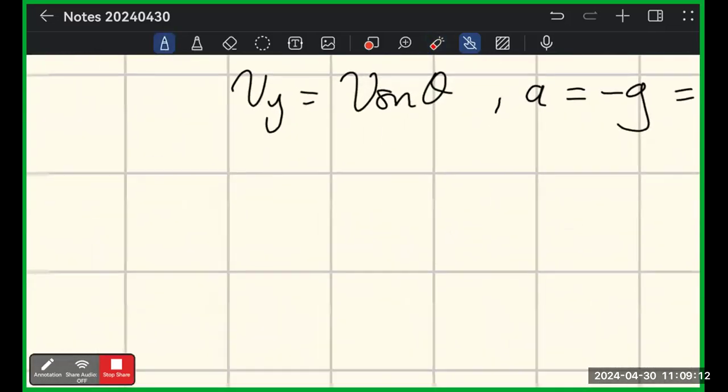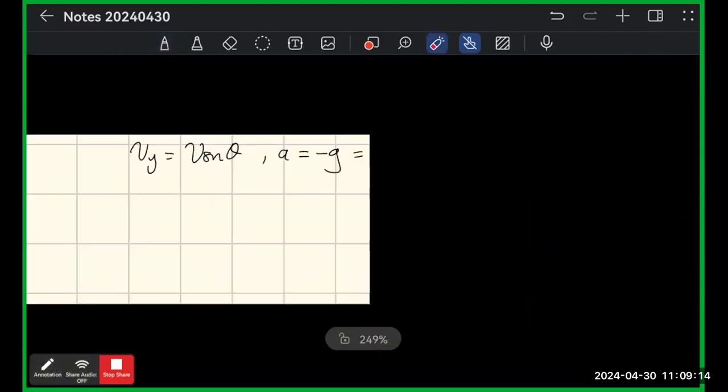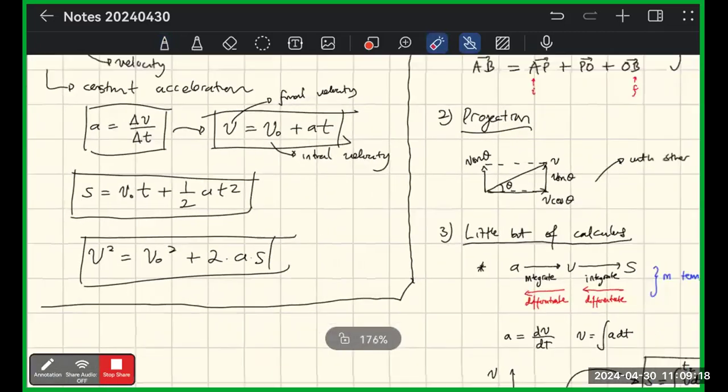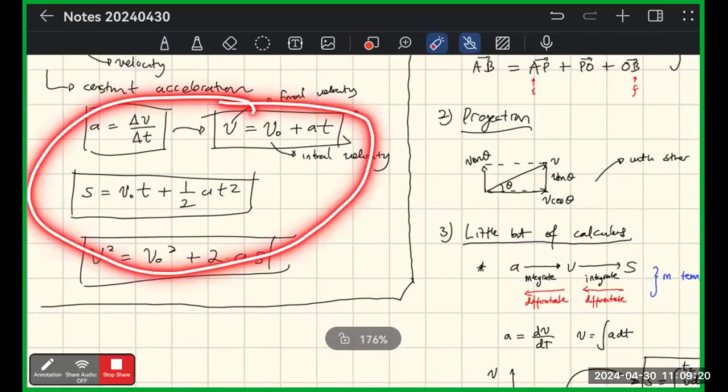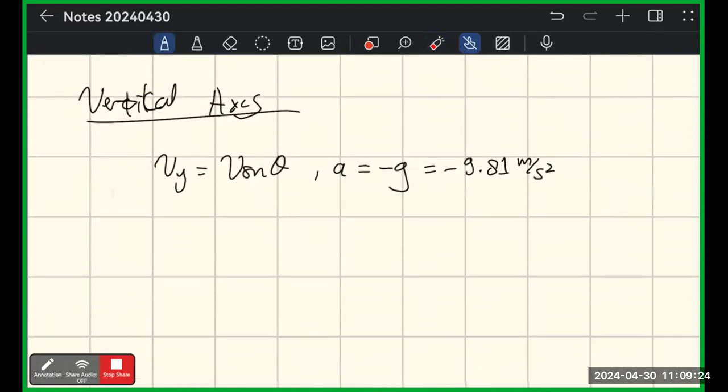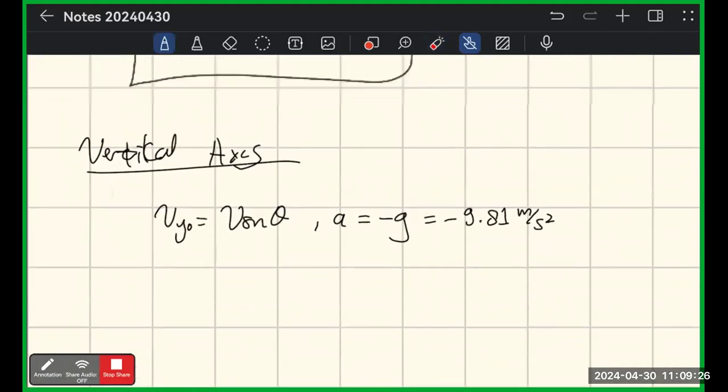Basically, we'll follow the same equations that I told you before for constant acceleration. This is the Vy naught, and this is the Vx naught.